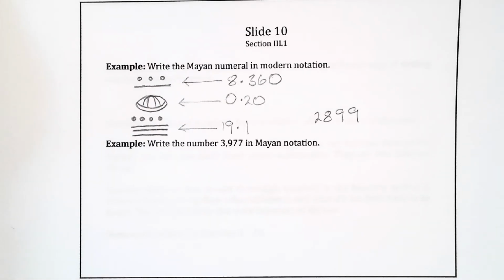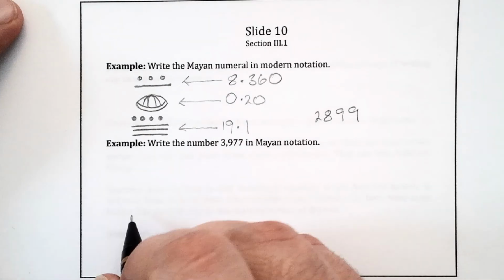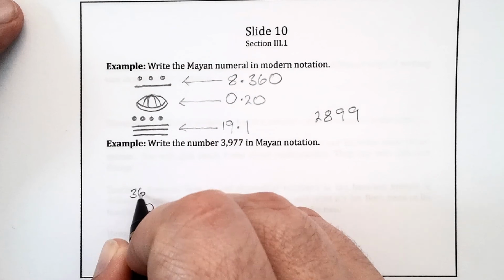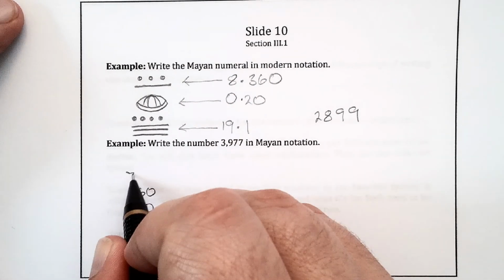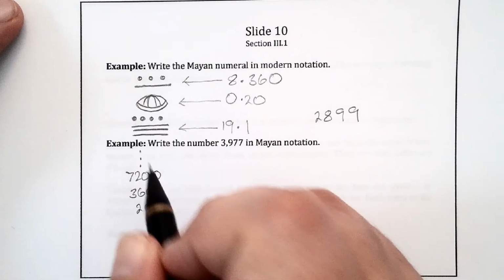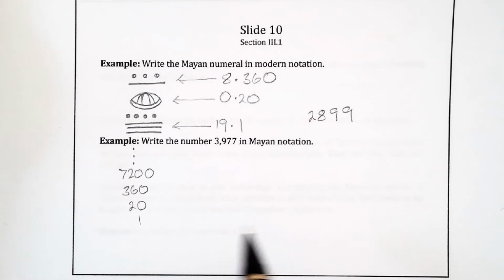Okay, now let's go the other direction. Let's try to write the number 3,977 in Mayan notation. So again, I'm going to have a ones place at the bottom, 20s, 360s, 7200s, and so on. And I start with the largest place value that will divide into my number, and that would be 360.